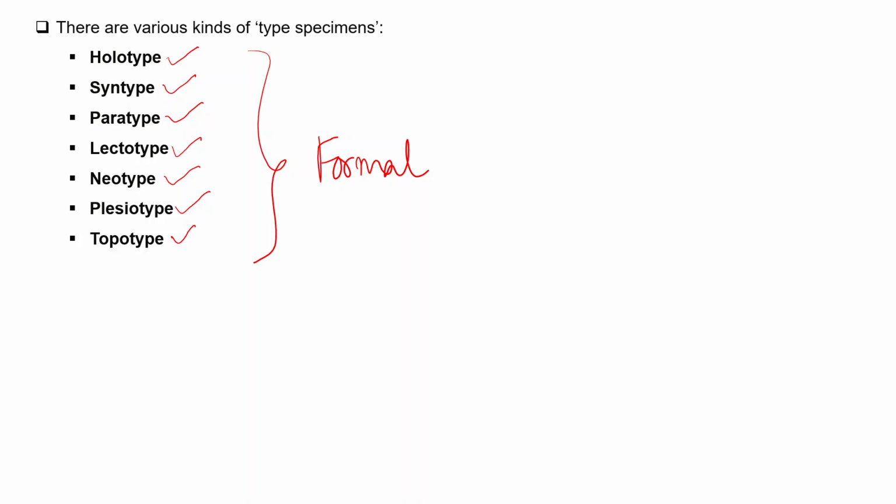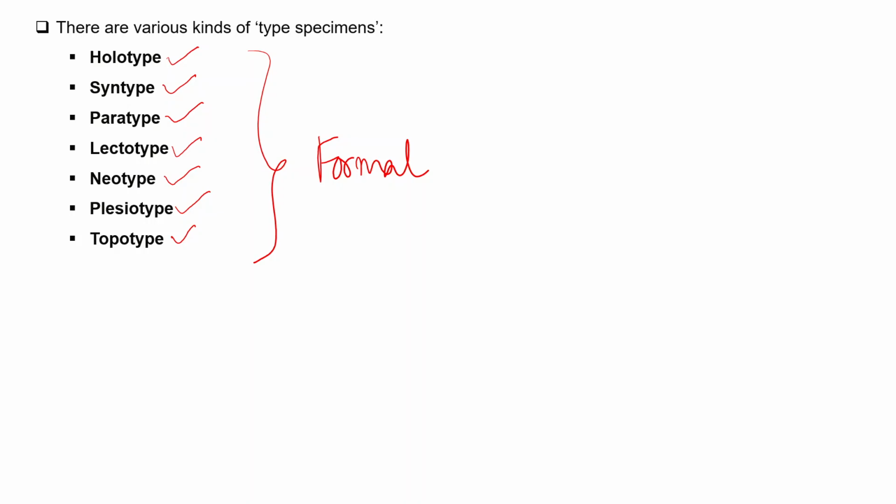When we study paleontology, it becomes very, very important to understand which type of specimen we are using for the description. For example, if in our practical classes we are using invertebrate fossil samples, we cannot immediately say that we are using a holotype, because that is not the correct definition, or call it a syntype or paratype.